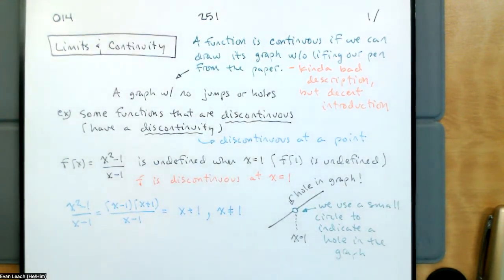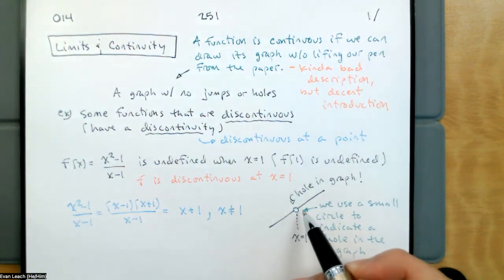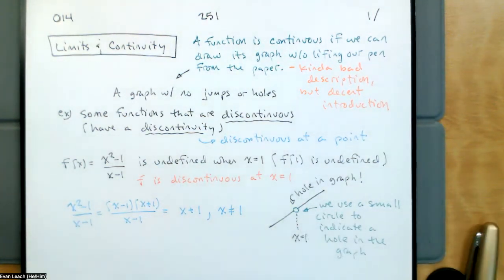So we can use a small circle to indicate that there is a hole. But that point is not there. This function is discontinuous at x equals 1. You can't be like, oh, well, I can draw it by going up here and then going around the circle and then just keep going on. I never lifted my pen off the paper.